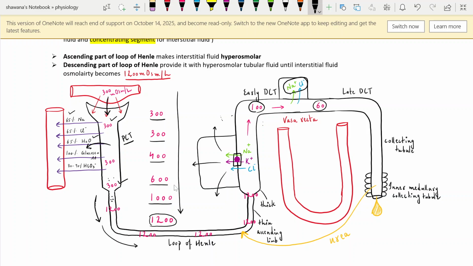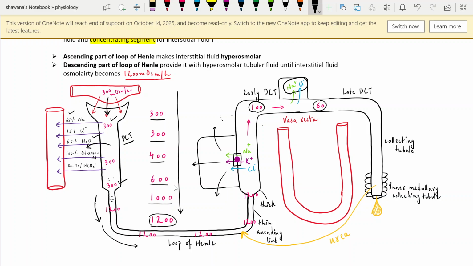But when the tubular fluid comes into the ascending part, there is a special transporter known as the sodium potassium 2 chloride cotransporter on the luminal membrane. What is the function of the sodium potassium 2 chloride cotransporter?